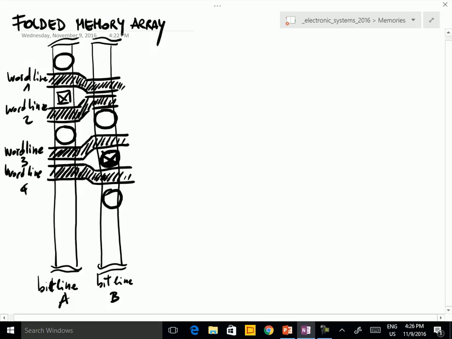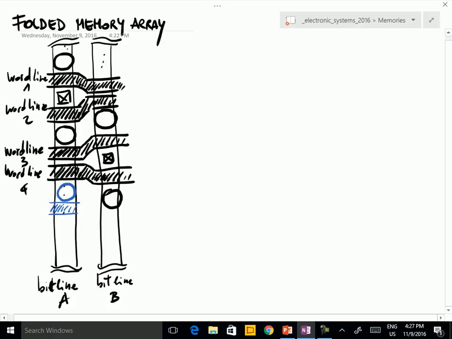Let me erase this and redraw it. This is the contact. Essentially, this is the contact between the drain of these two transistors and the bit line. And of course, this thing is repeated again and again. So I just want to draw 4 bit lines, but of course I can repeat everything for the other cases. If I want to, let me use another color to draw the other, I will have something like this.